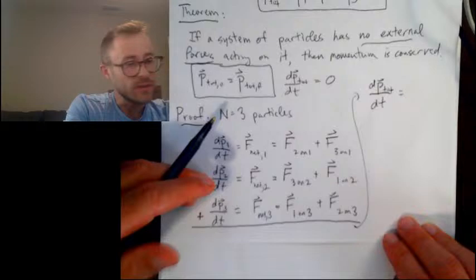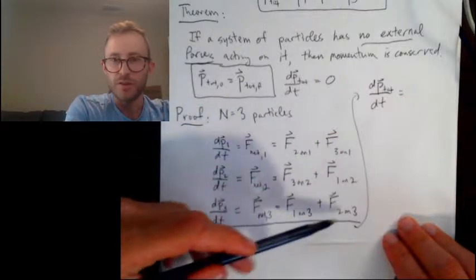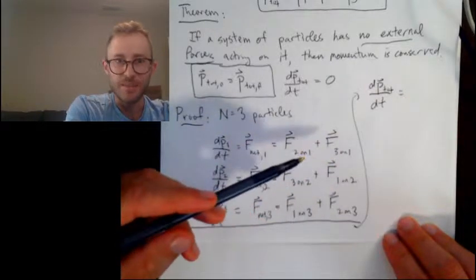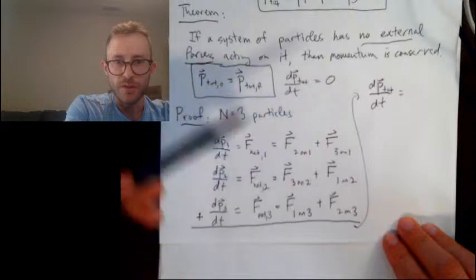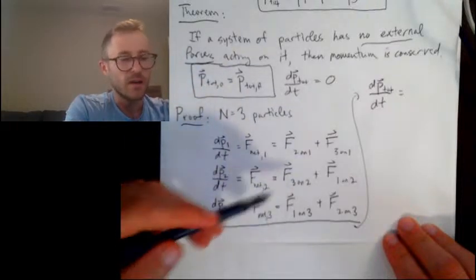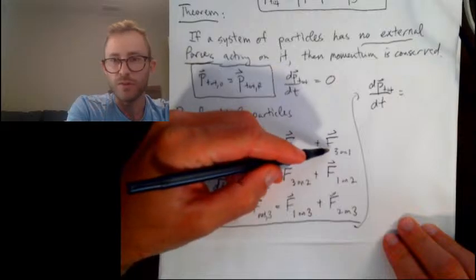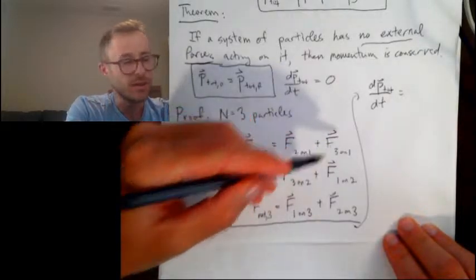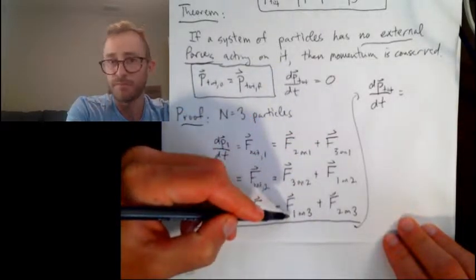On the right-hand side, adding up all of these terms, we can see that something is happening that's going to make everything cancel out. See how we have the force of 3 on 1, and then here we have the force of 1 on 3?